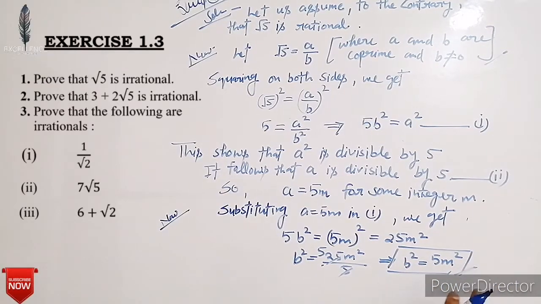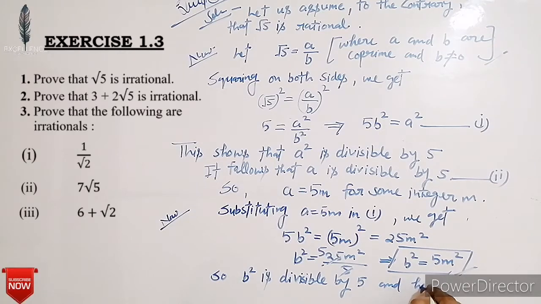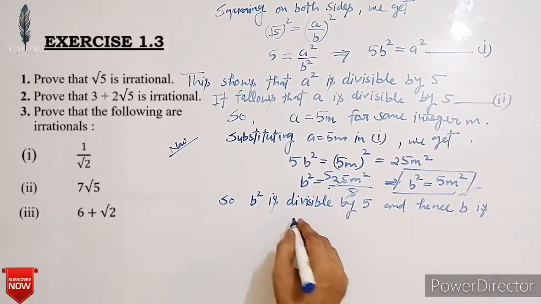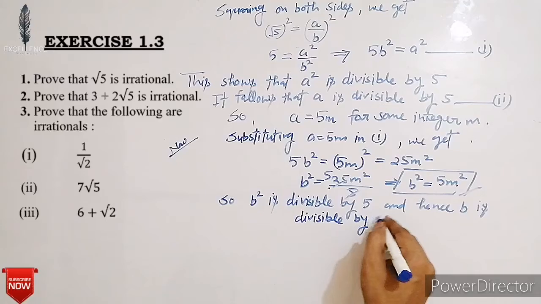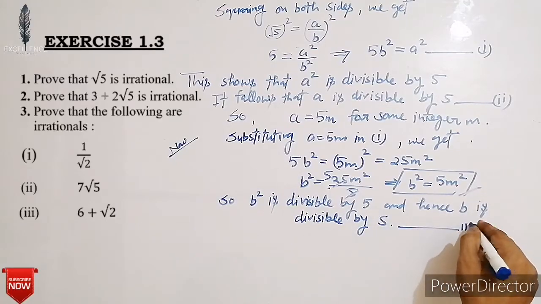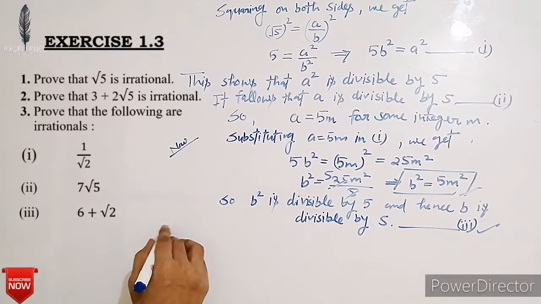Okay students, clear? So here we clearly see that B square is divisible by 5. Okay. And hence B is divisible by 5. Let it equation third. Okay students.